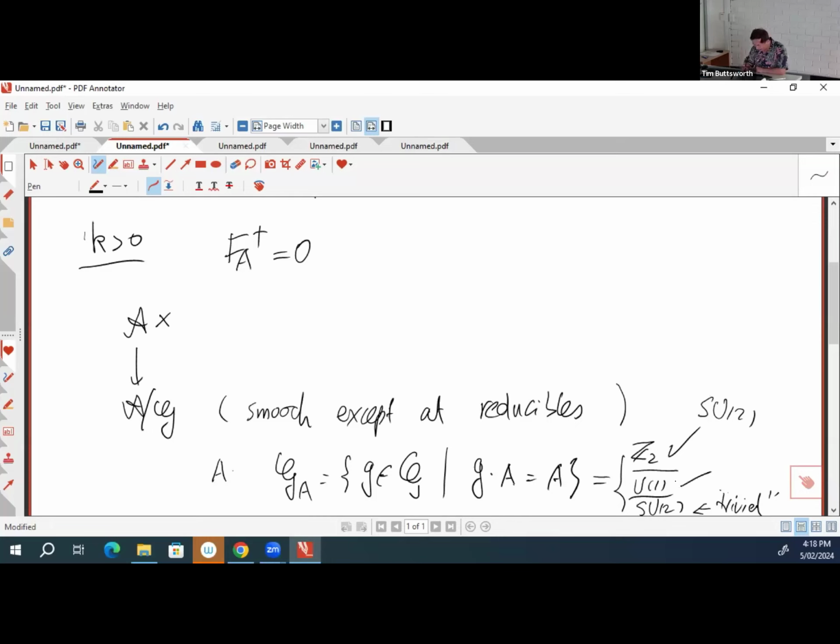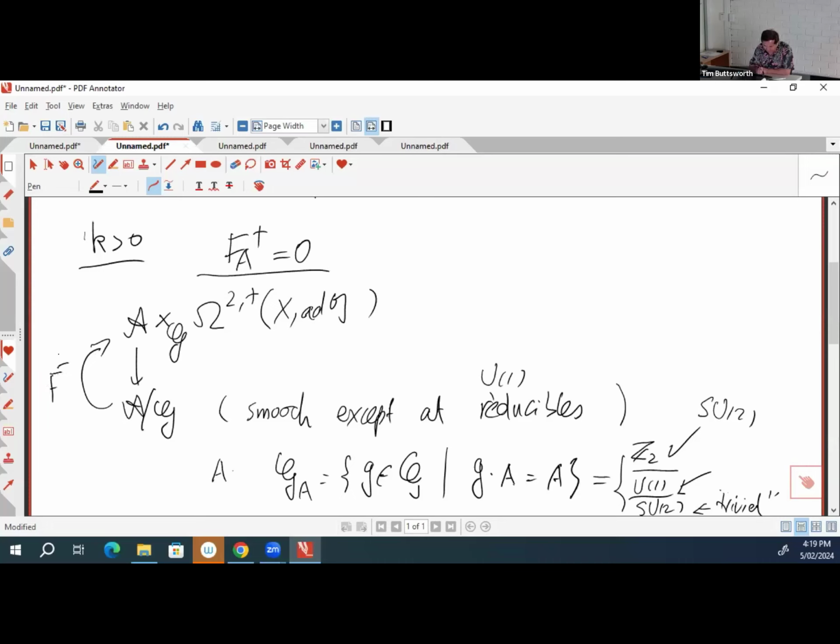Then reducible means U(1), so you can just ignore the reducible parts, and then this will be a gauge manifold. I can associate this with a principal bundle over the irreducible parts, and then look at the anti-self-dual associated bundle.